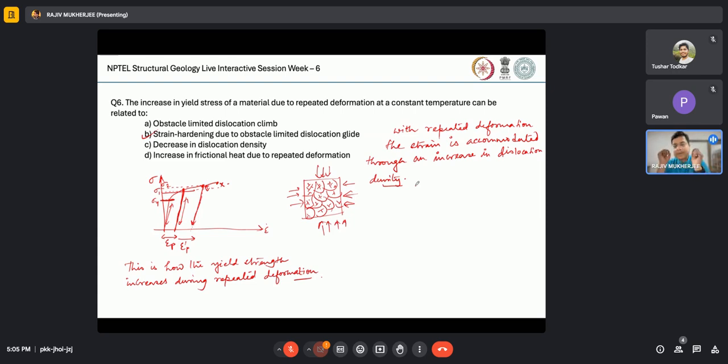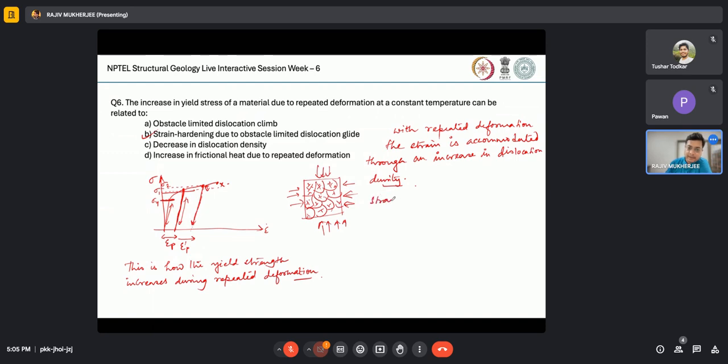The concept of strain hardening is that if you keep the temperature constant and repeated deformation takes place, the material will become strain hardened such that it will lose its ductility, and eventually the material will go on to rupture, right?